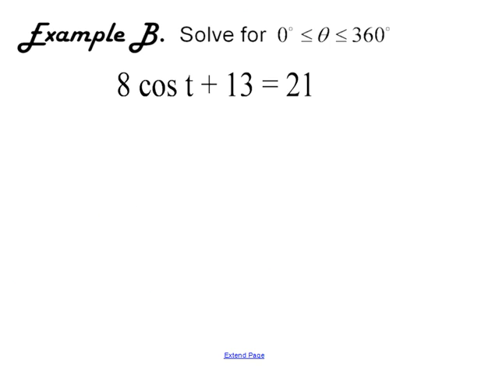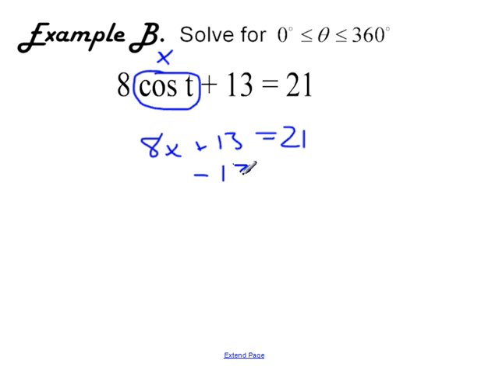Alright, so try solving this on your own, and actually I will do this one together. What I want to do is solve this cosine of t as if it was an x. Meaning, how would you solve 8x plus 13 equals 21? Hopefully we remember the basic steps.